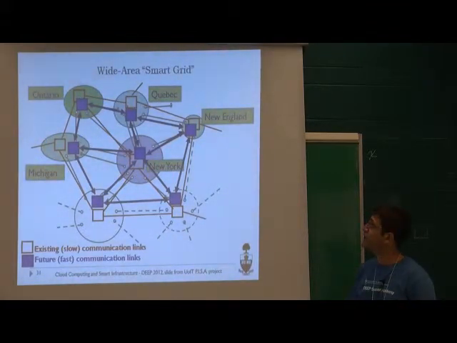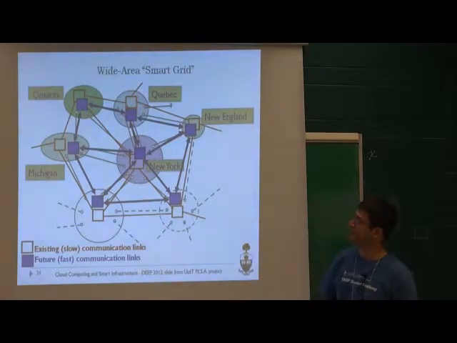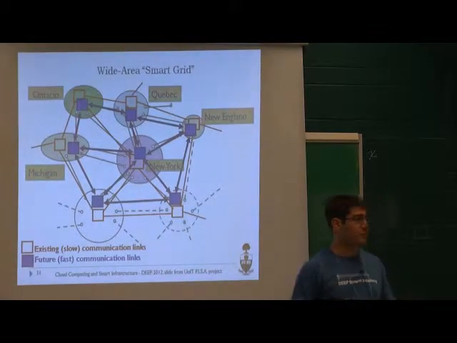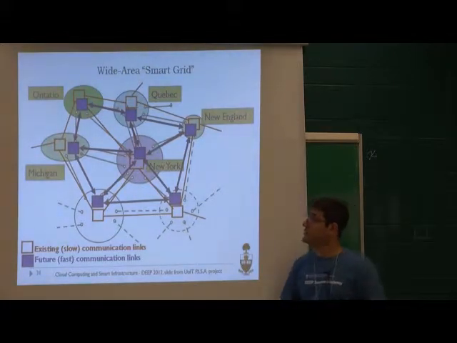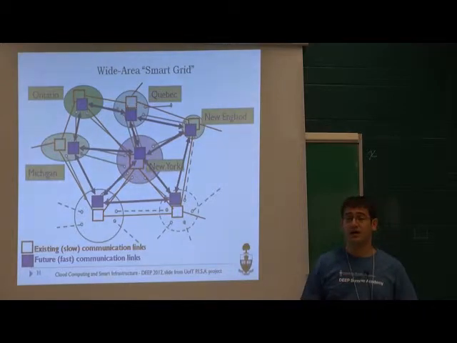So things are flowing in two different ways, and by having the interaction between these, things are going to be far better. So the existing communication links are the red ones, and the future or fast communication links, especially with the technologies that we have now, Gigabit Ethernet, things are going to be very, very fast, and you can interact between these different lines very, very fast.